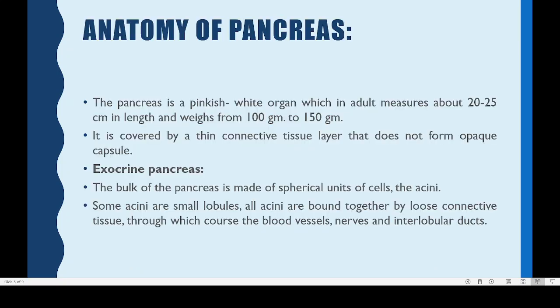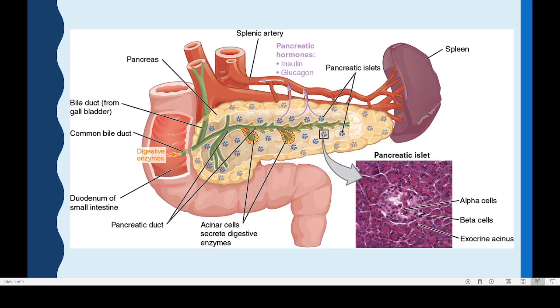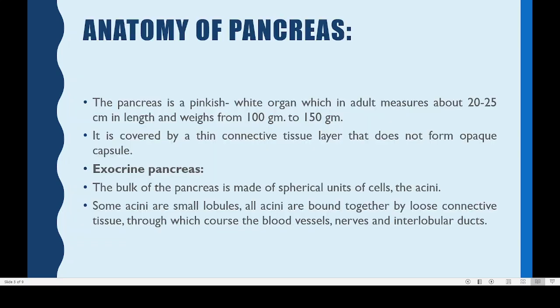The color of the pancreas is pinkish white, not properly yellowish. The size in a normal human being is about 20 to 25 centimeters, so not so small, and it weighs about 150 grams. It is covered with a connective tissue.